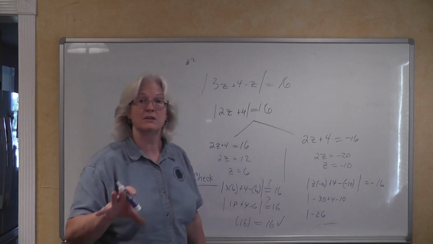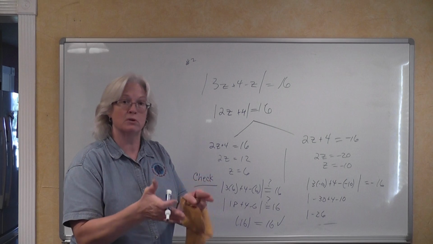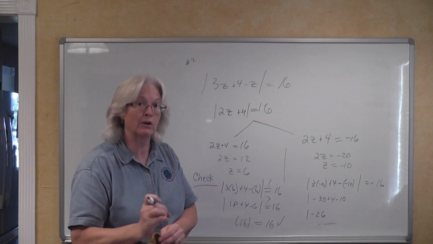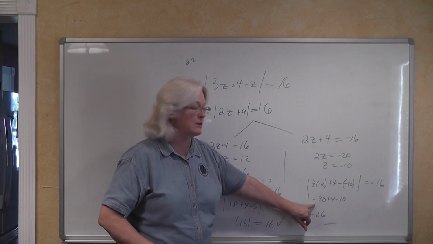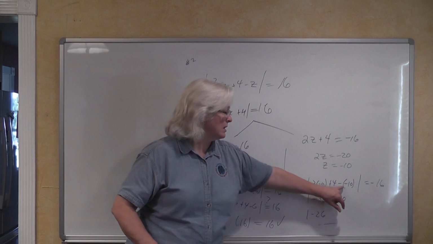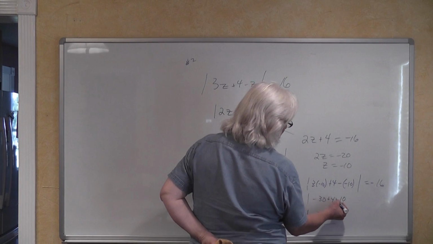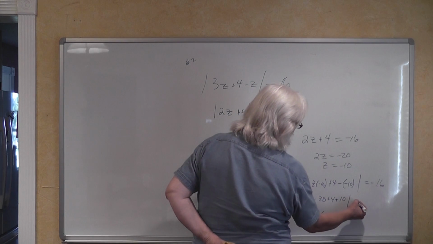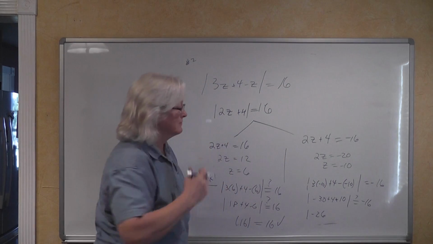And that's where I got myself in trouble. I say over and over and over, negative signs trip you up. Dropping a negative is a very common mistake, and that's what I did. Now I have 3 times the negative 10 is negative 30 plus 4 minus a negative 10 becomes plus 10, and now our problem is going to work out. Is that equal to 16?